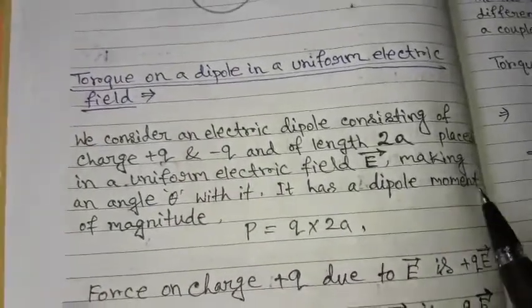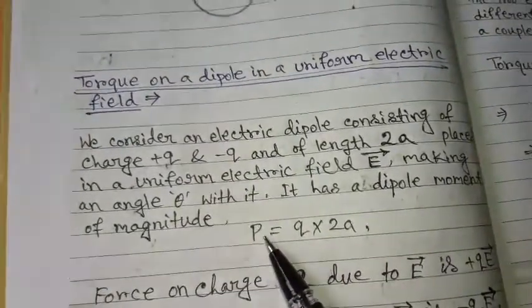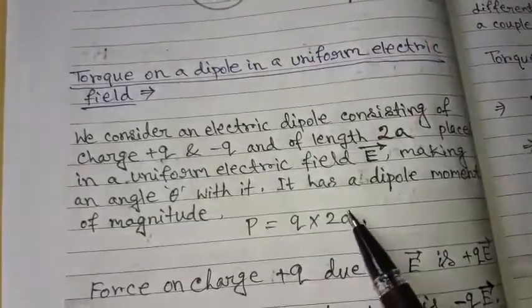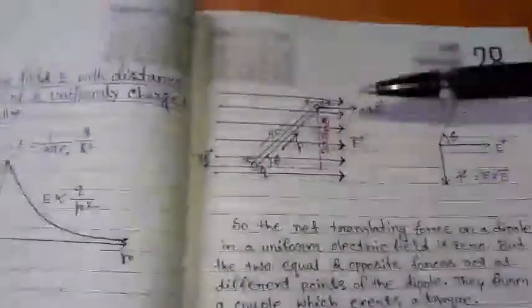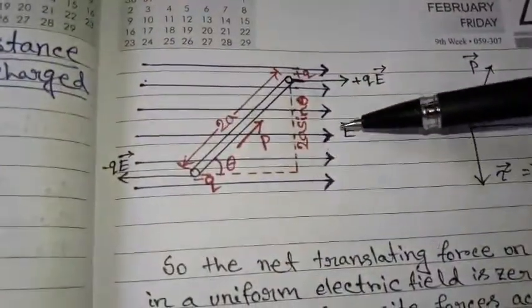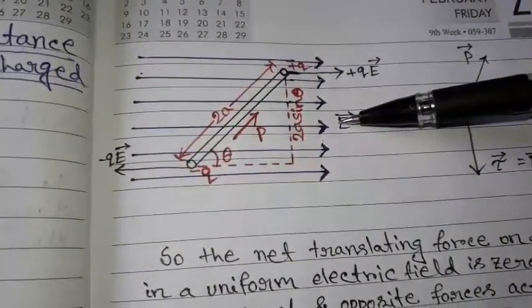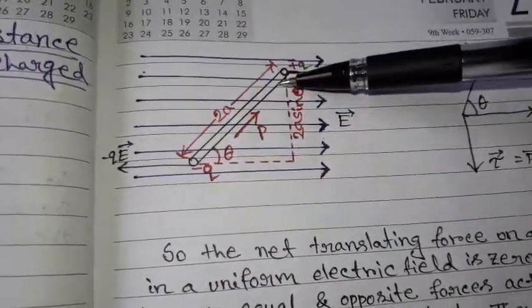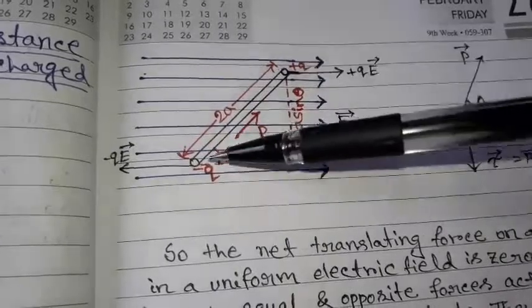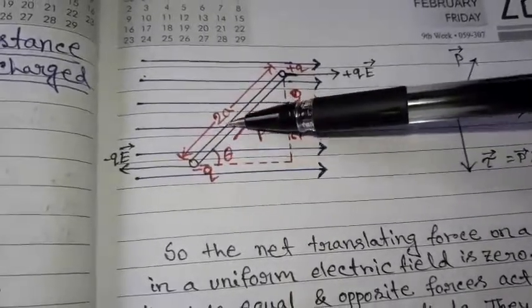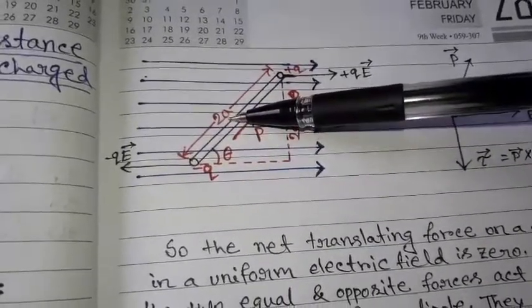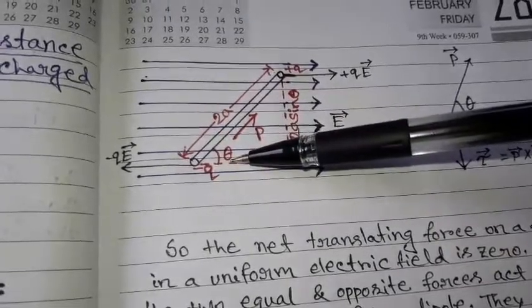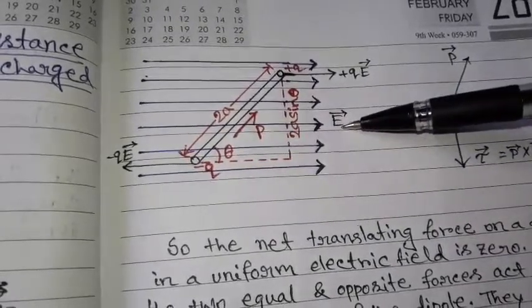It has a dipole moment of magnitude P equal to q into 2a. Here in the diagram we see the electric field from left to right direction. We consider a dipole here of charge plus q and minus q which is of length 2a, making an angle theta with the direction of the electric field.